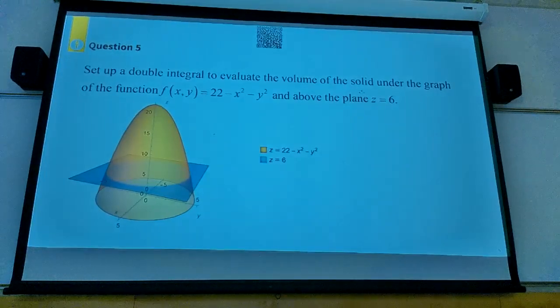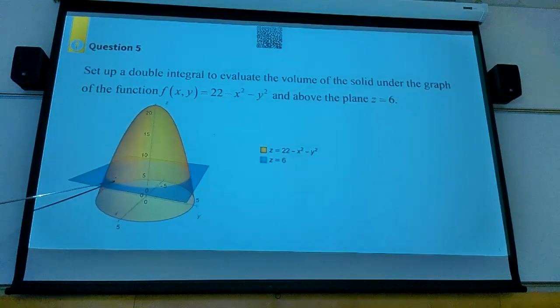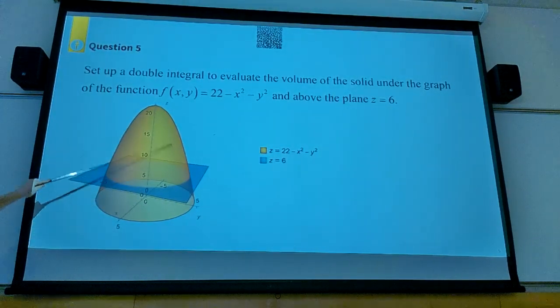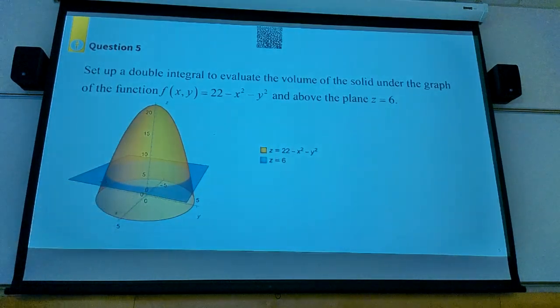Right, so we just want to set up the double integral to evaluate the volume of the solid that's under this kind of paraboloid looking thing, but above this blue plane.